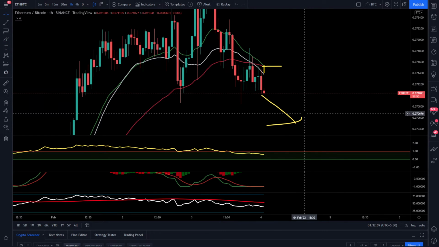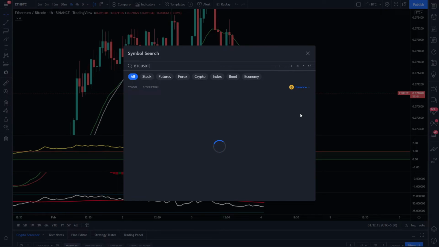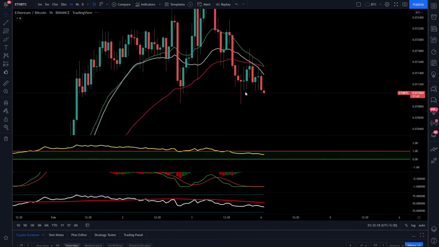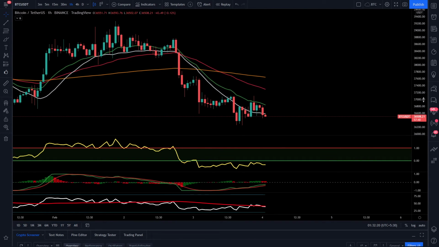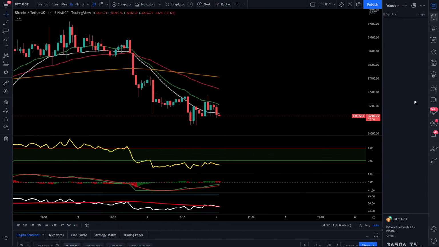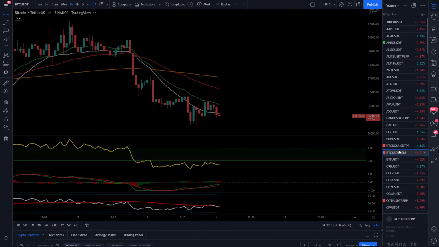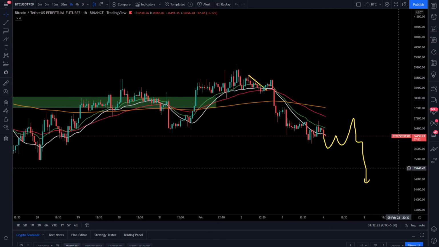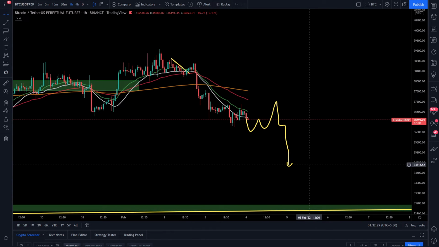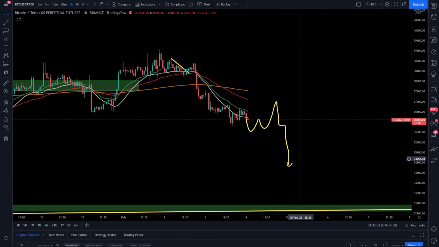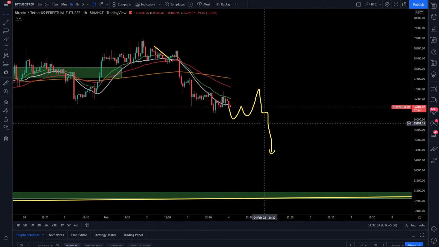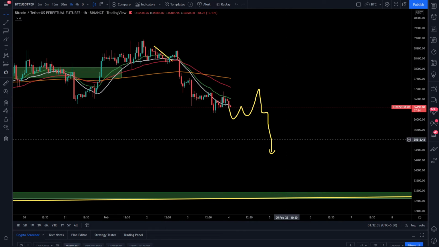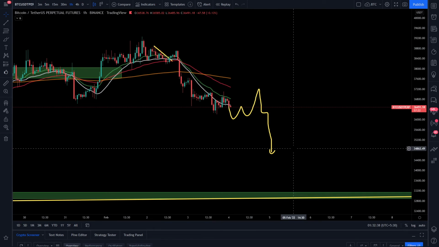So overall, during the next 2 days we'll most likely see Bitcoin drop. Will Bitcoin drop all the way to 33,000, 34,000? As for now, I believe we might at least drop to 34,000.